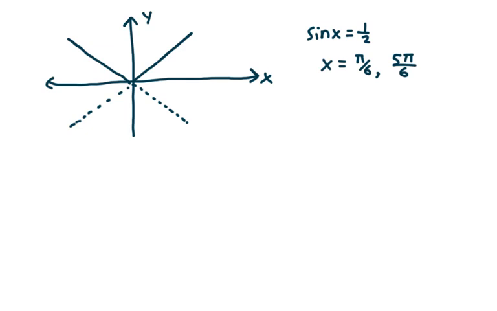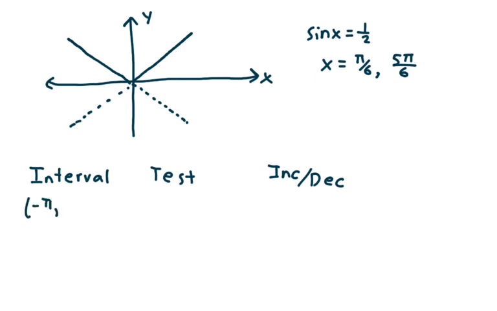And so we have an interval, and we have a test, and we're going to go increasing, decreasing. So I'm going to go from negative pi to pi over 6, pi over 6 to 5 pi over 6, and then 5 pi over 6 to pi.